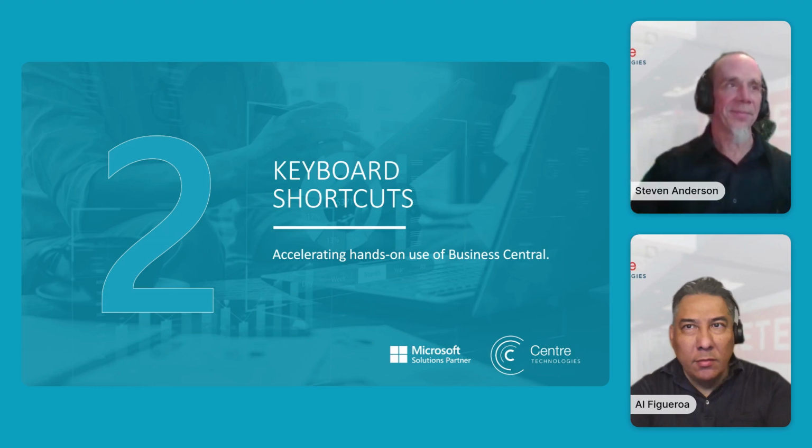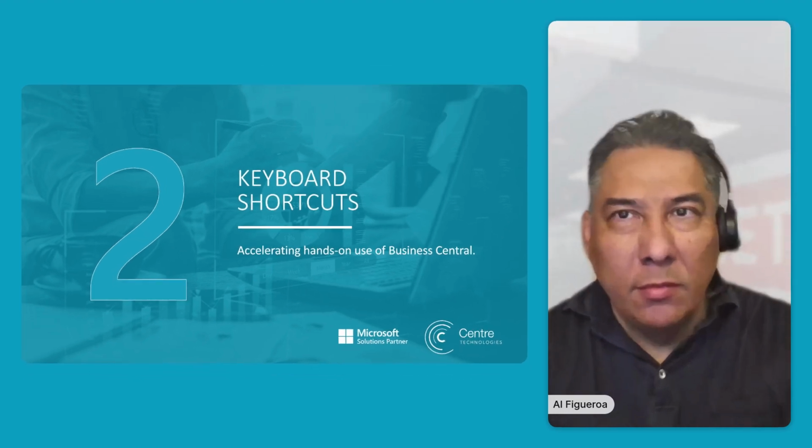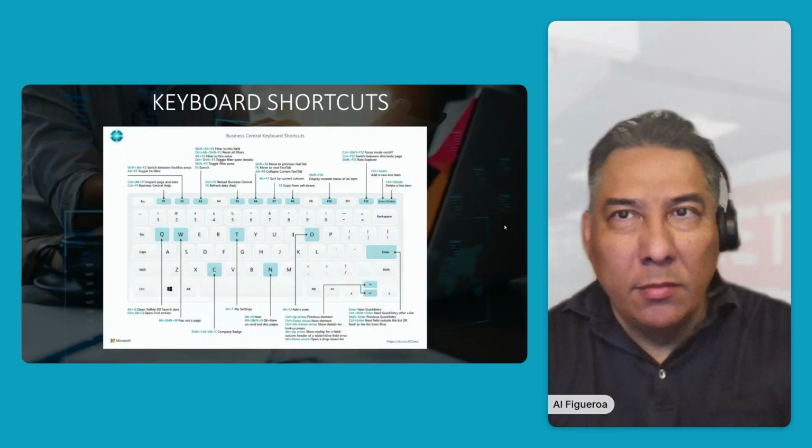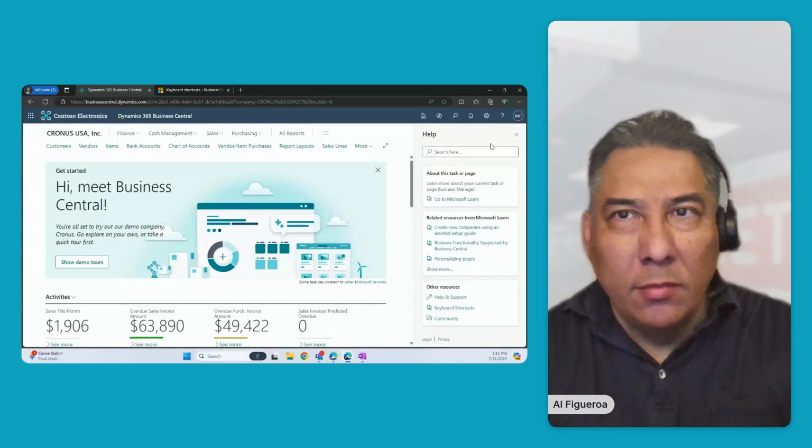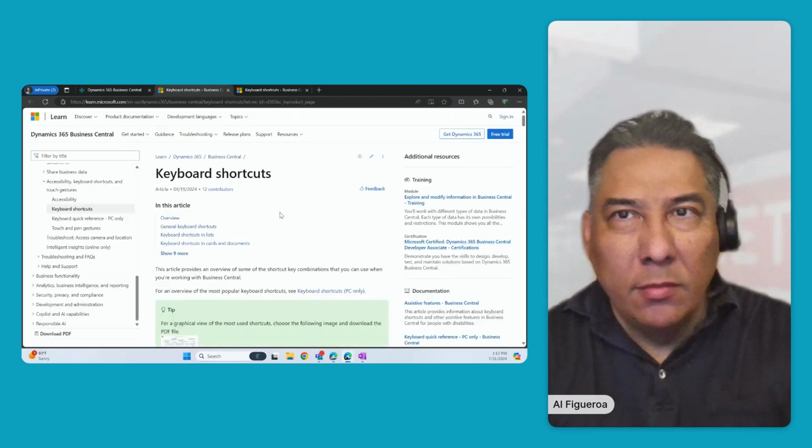We'll start with looking at where we find our shortcut keys. If we go into Business Central and click on the help, the little question mark, and go to the bottom, you'll see keyboard shortcuts.